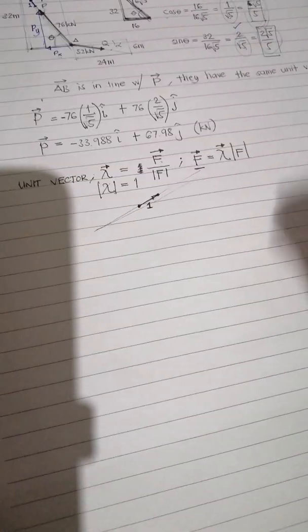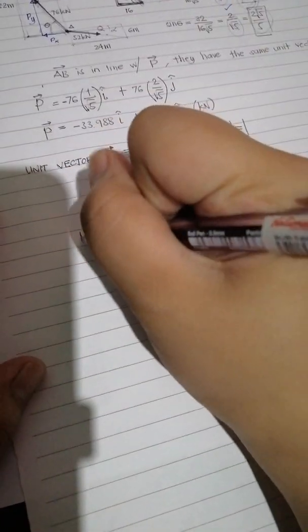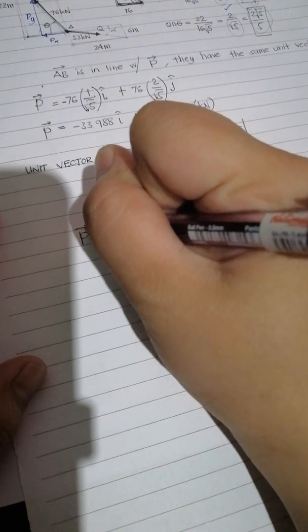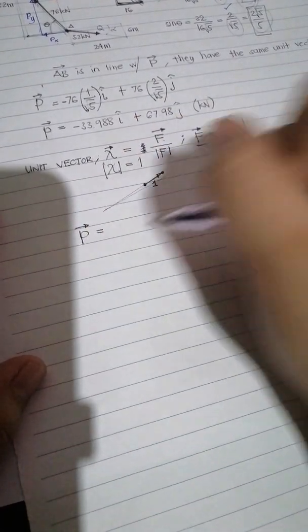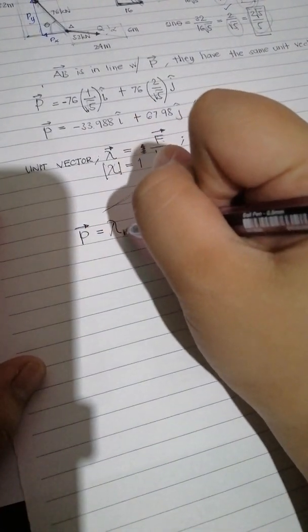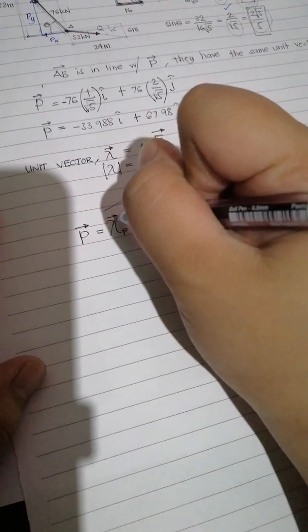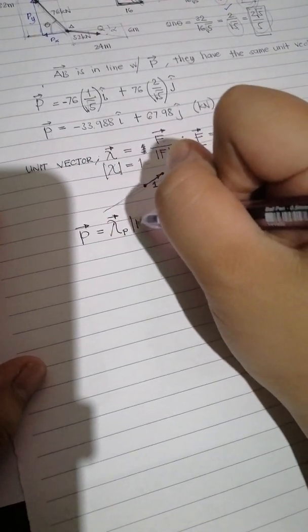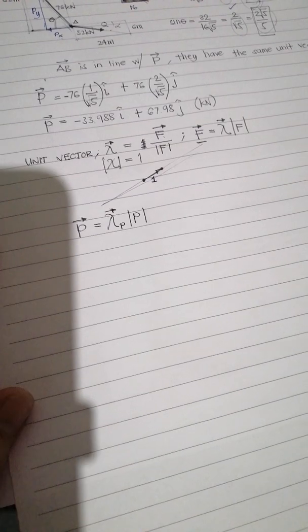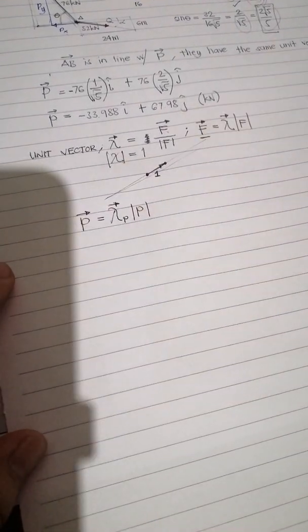So, in order for us to get the vector P, we need to multiply its unit vector by its magnitude. How do we get the unit vector?